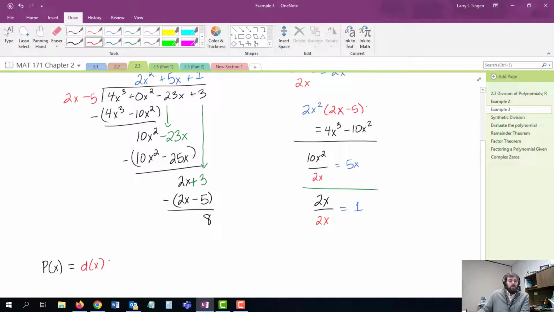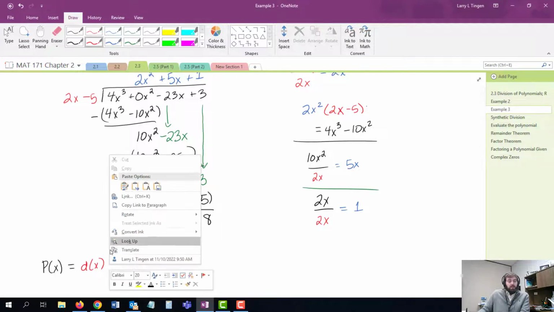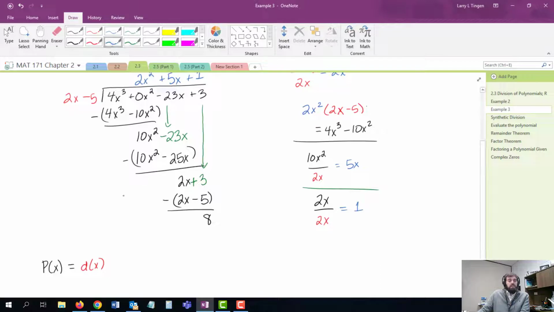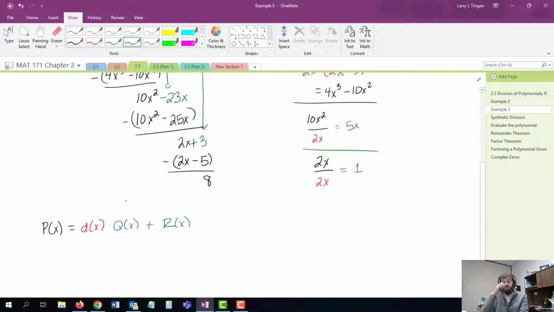I'm actually going to write it the other way because it's going to help out later. And then plus r of x. It doesn't matter because d of x times q of x is the same thing as q of x times d of x. But it's a whole lot easier if you write the divisor first. It's usually going to be a much lower order polynomial, so it's easier to write that first.